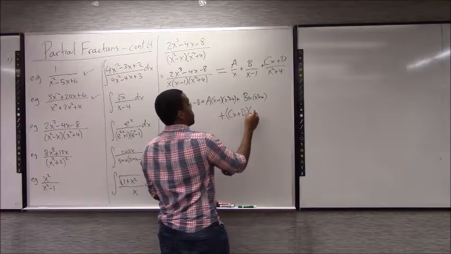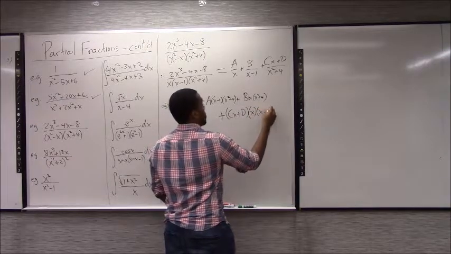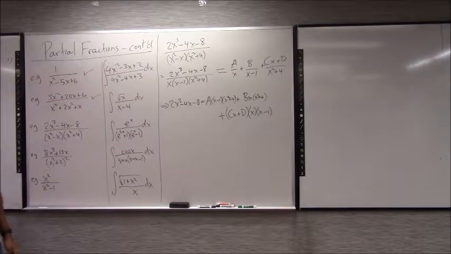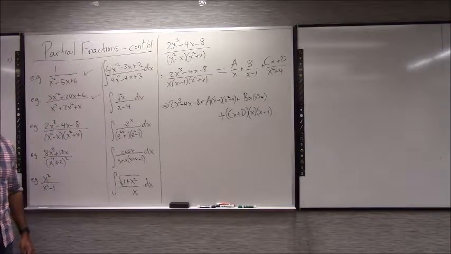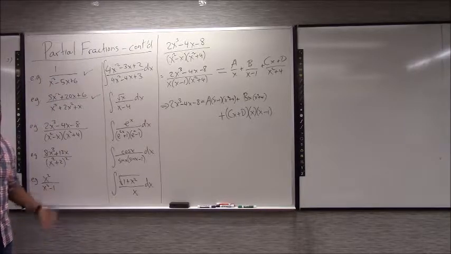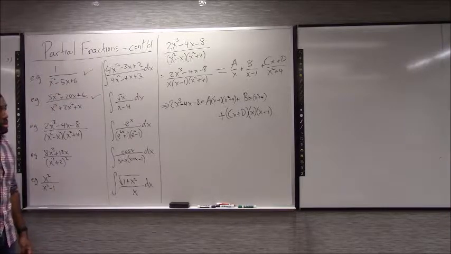The x squared plus 4 would cancel. Okay, how would you proceed from here? How do we find A, B, C, and D?